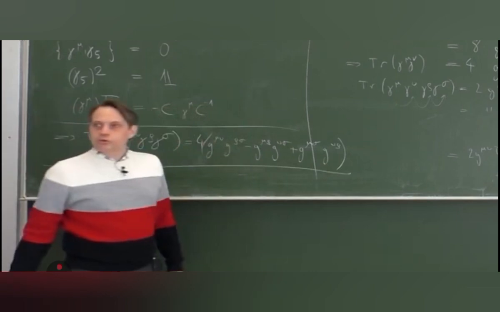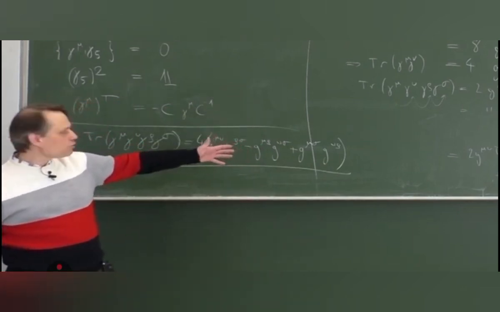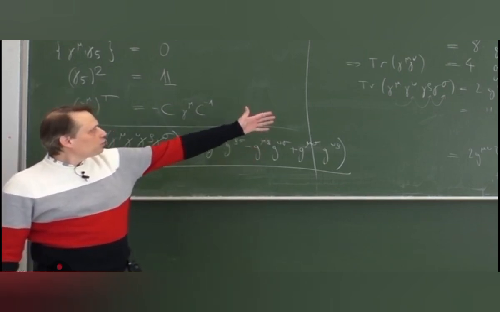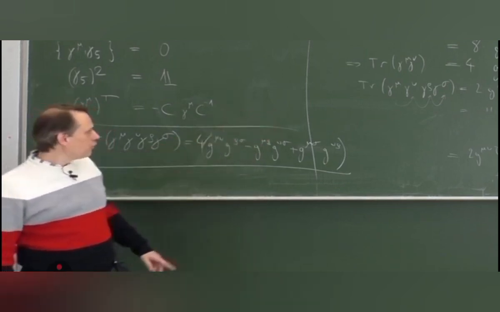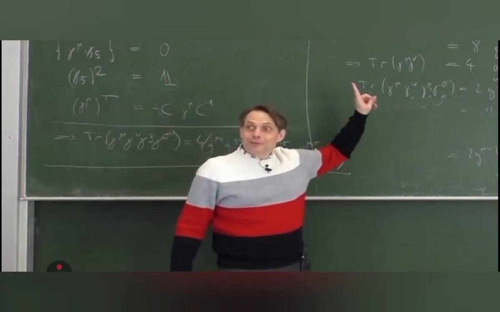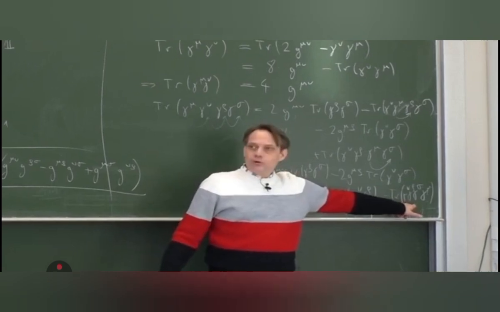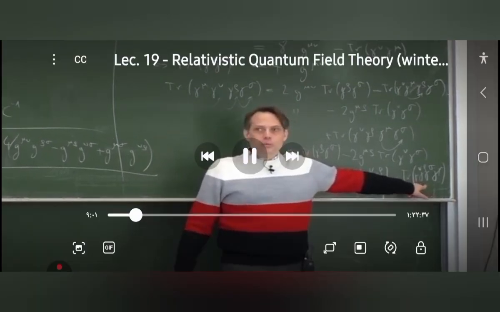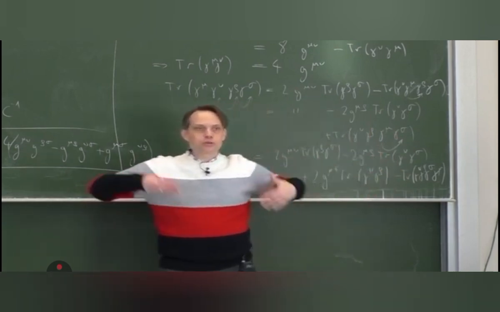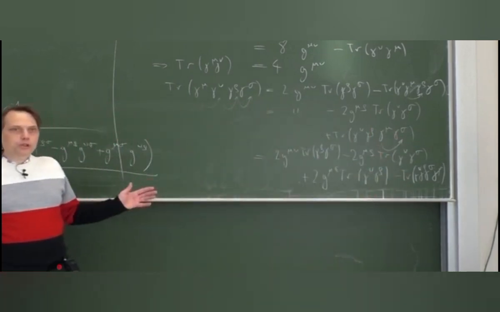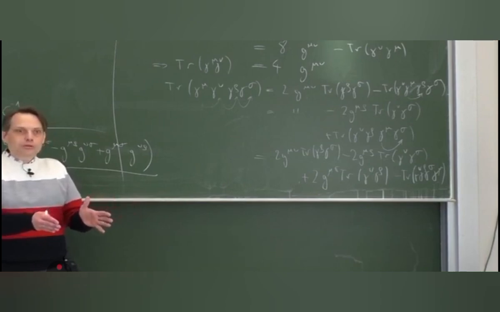This is how you can compute such traces, and that is the general strategy. You see that in the same way you can compute traces with arbitrarily many gamma matrices as long as the number is even. If the number is even, then you will always get the original trace with a minus at the final term, you put it back to the left-hand side, and then you get a recursion formula where you can replace a trace with an even number of gammas by traces with 2 gamma matrices less.